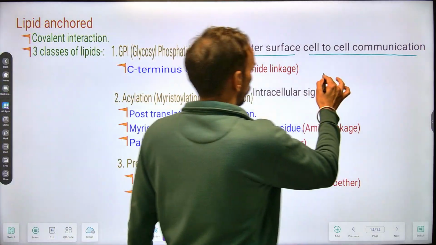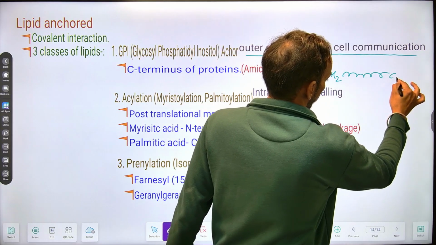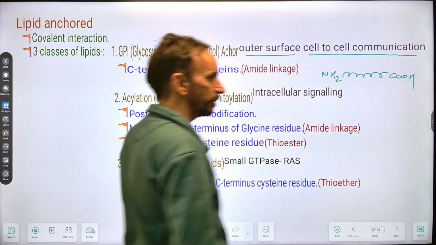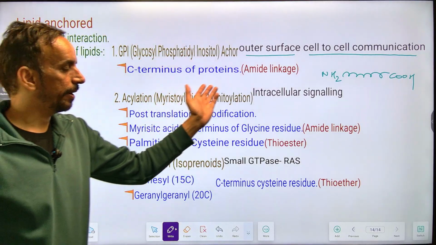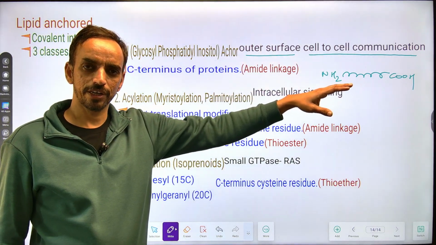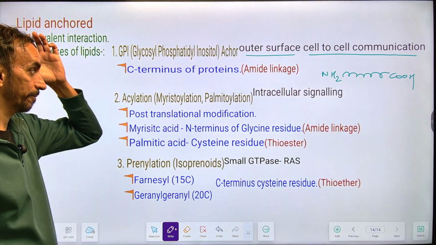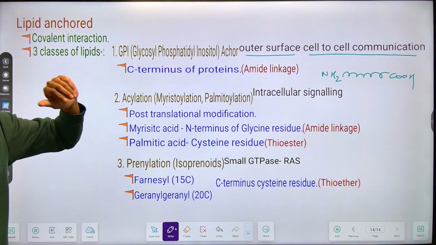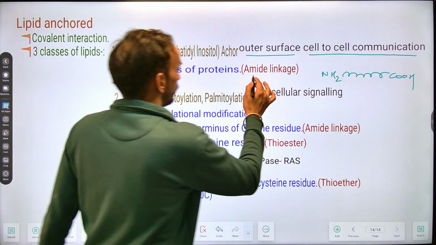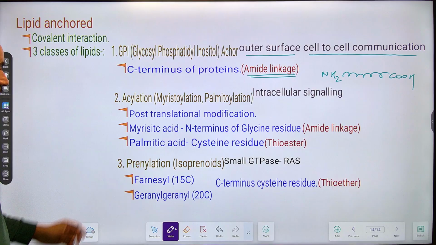Now, likewise, we all know that one of the terminus of the protein is NH2, other is COOH. सो बिकॉज एक एंड अमाइन ग्रुप रखता है अमाइनो एसिड का, और नेक्स्ट जो रहता है वो कार्बोक्सिलिक ग्रुप रहता है, तो एक एंड एन टर्मिनस, दूसरा सी टर्मिनस. So this GPI is generally attached to the C terminus of the polypeptide through a linkage which is called as amide linkage.